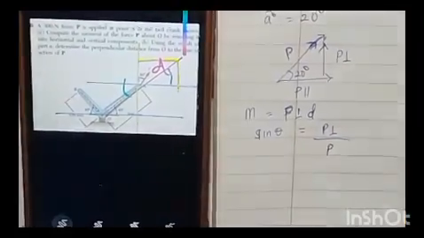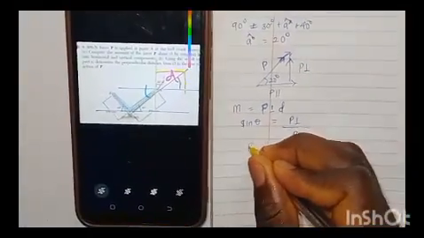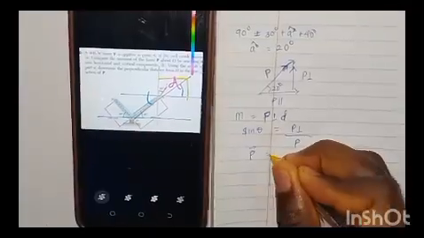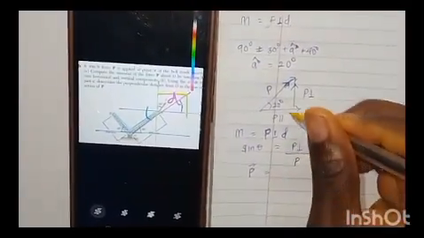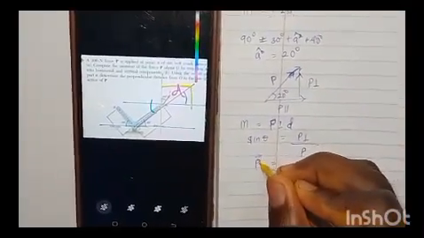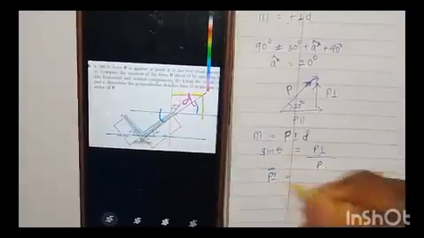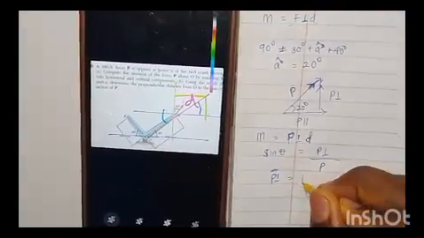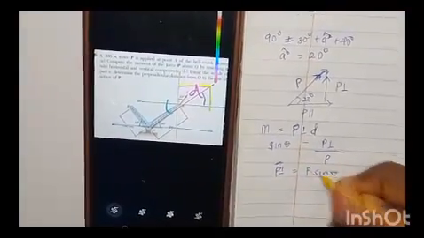So that means our P here will be equal to our P perpendicular. We are looking for P perpendicular, which will be P sine theta.